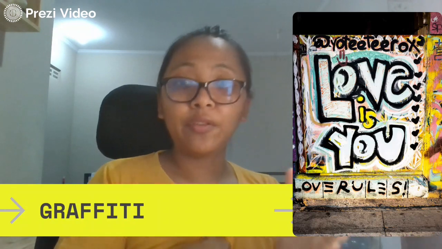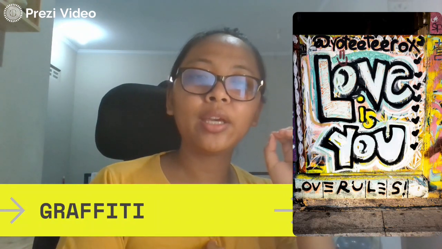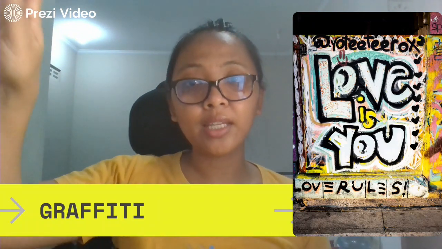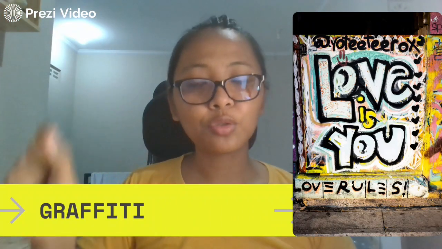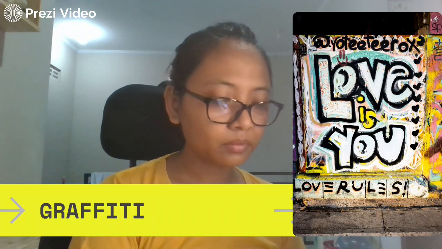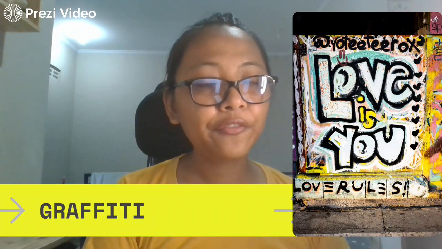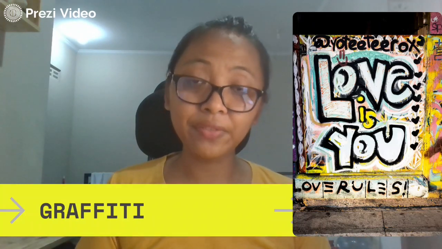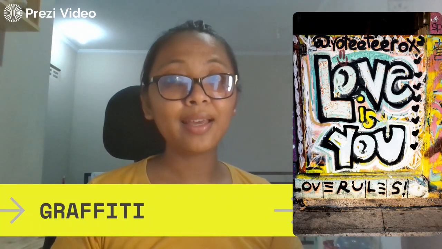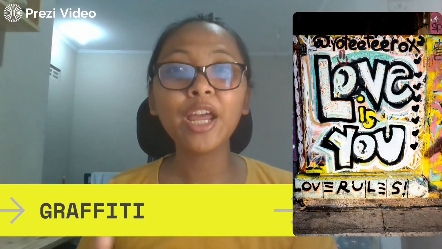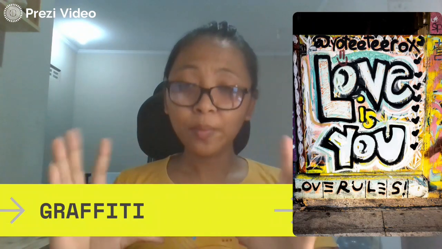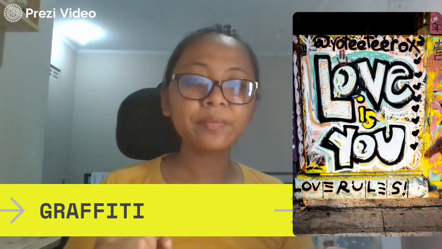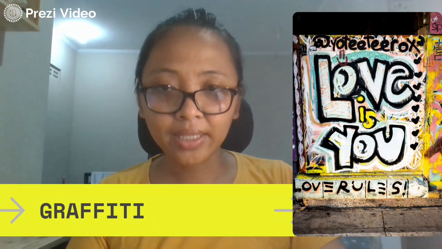You can use the whiteboard if you have, or a big sheet of paper stuck on the wall. After a given time, you review what your students have written. Okay, and from that, you can lead into the topic that you are going to discuss with the students. Okay, so that's graffiti.